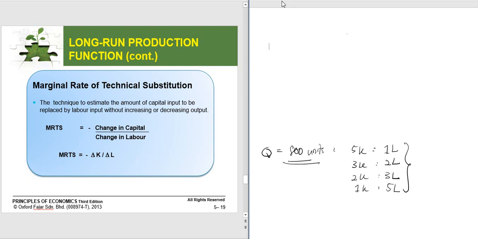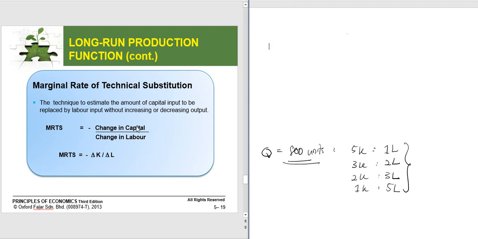In this example, whether you want to add more capital or you want to add more labor. If you want to add more capital, you have to reduce the number of labor. If you want to add more labor in your production, you have to reduce the number of capital. That is due to the reason of limited resources or scarcity.